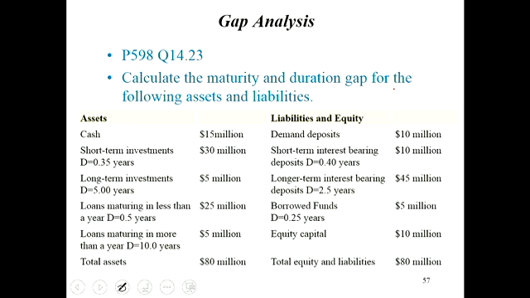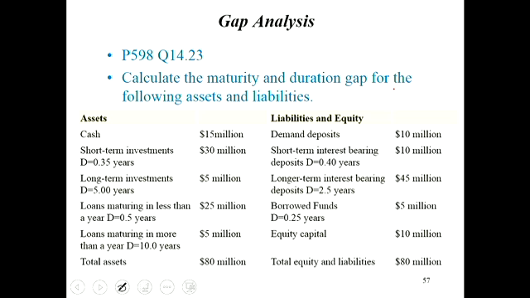And the last one there, loans maturing in more than a year. Are they insensitive or sensitive? How many think they're insensitive? A few. How many people think they're sensitive? A few others.